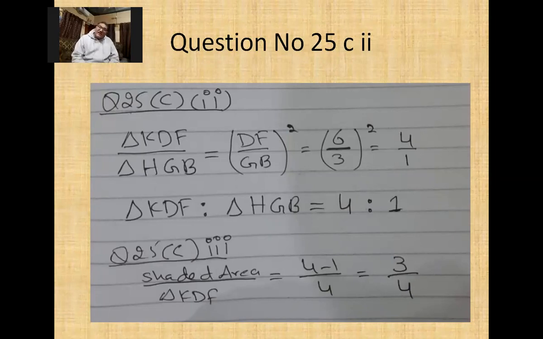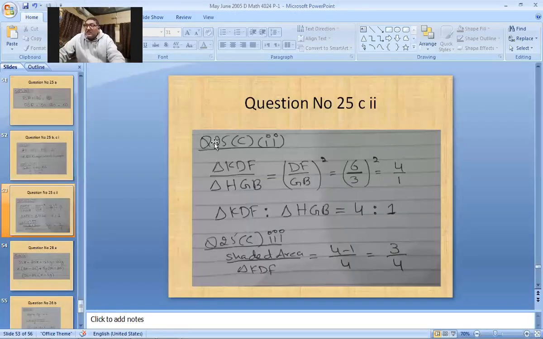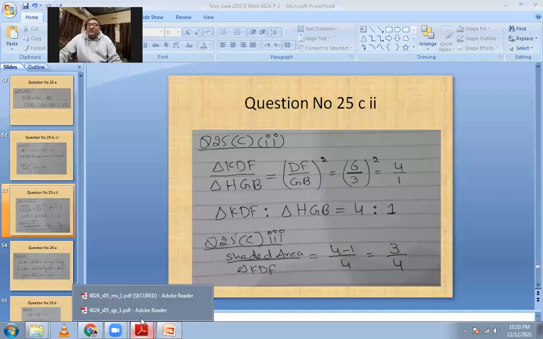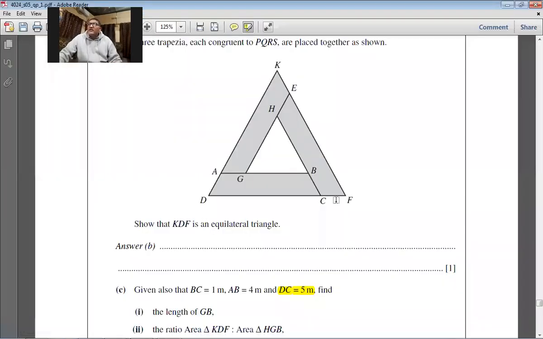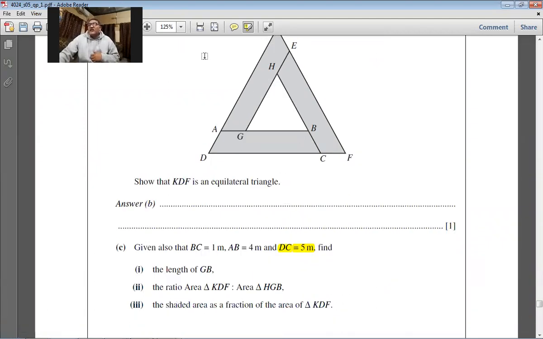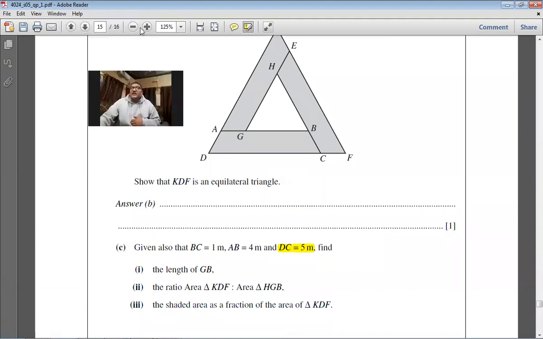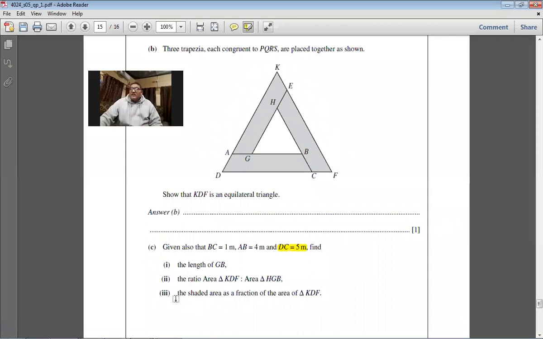4:1. It means that the ratio of the areas of the big triangle is 4 and this internal triangle is 1. The next question they are asking is, let me reduce the size of the whole thing. Now, the next question is the shaded area as a fraction of the area of the KDF.